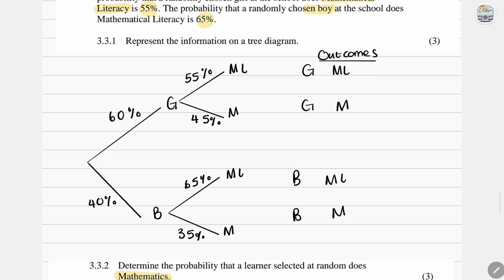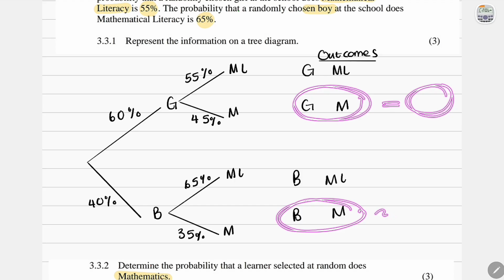So what we are considering is a girl who does mathematics, or we could even take a boy who does mathematics. We're going to take those outcomes, right? And we will add them. Notice the use of the word or. So I said, if we are trying to look for learners who just do mathematics, we're saying we can either take a girl who does mathematics or a boy who does mathematics, okay?